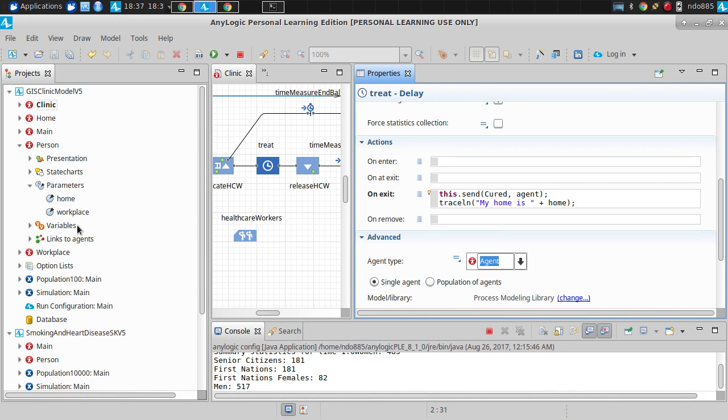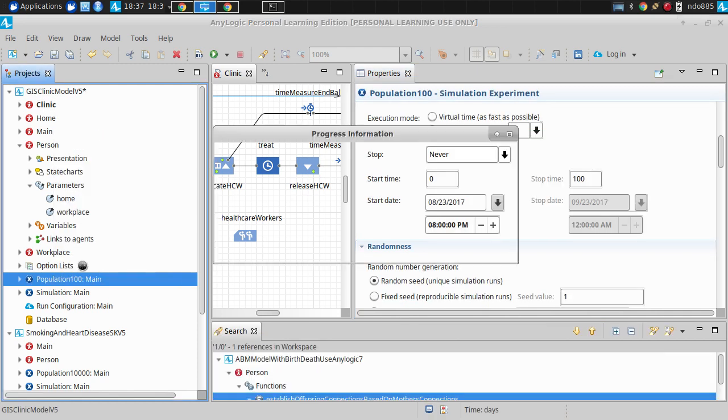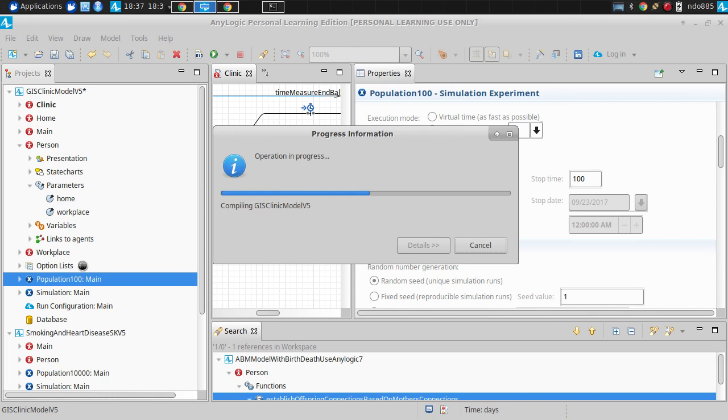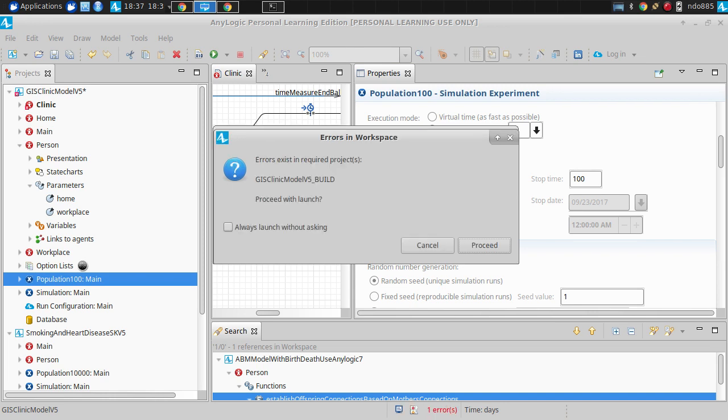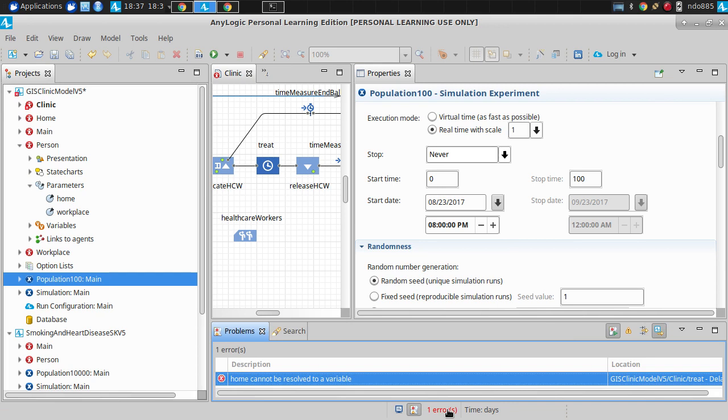All right? And we were to run this here, bad things would happen. Because it won't even get out of compile phase, I think. Yeah, see, it's unhappy. Why is it unhappy? Watch this.